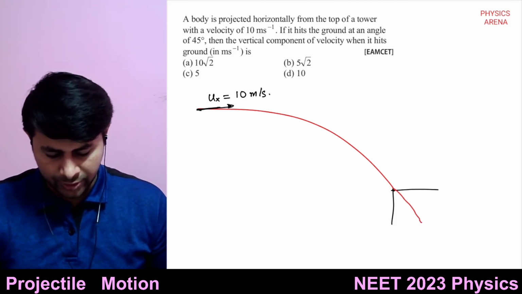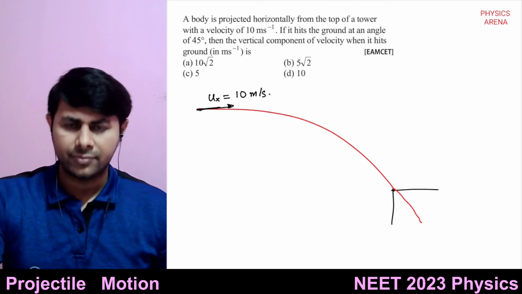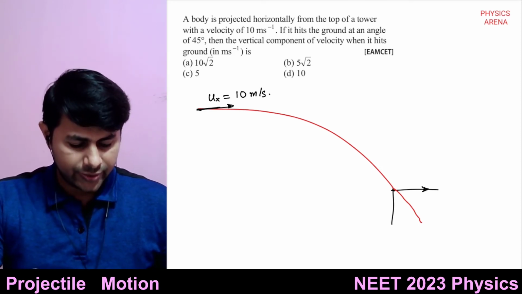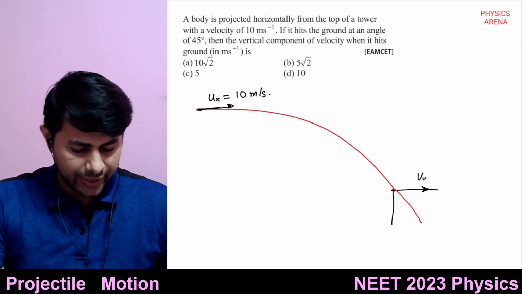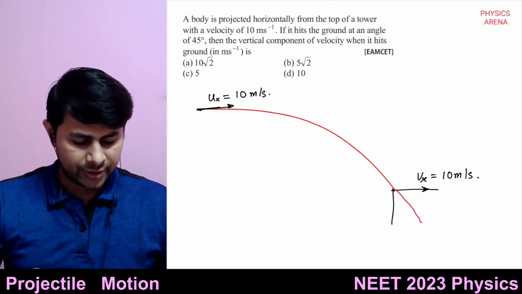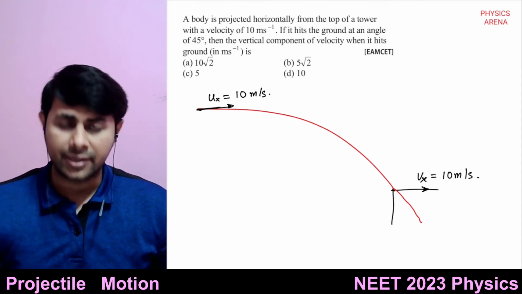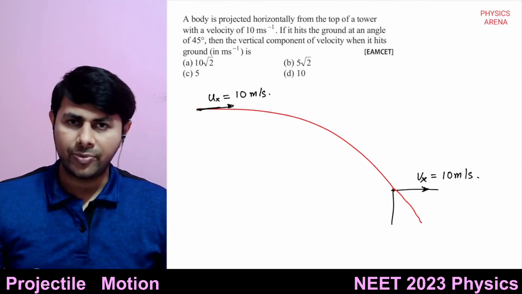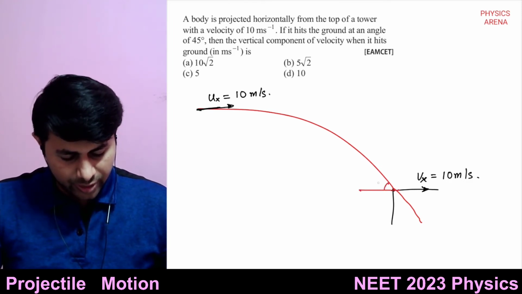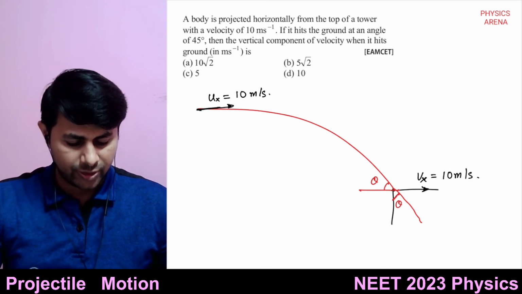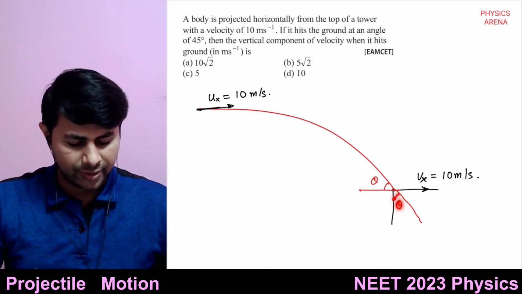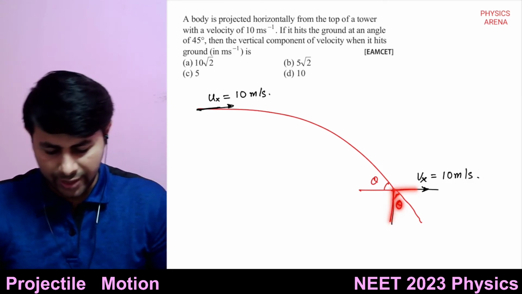So horizontal velocity, does it change? No, sir. So Vx is equal to 10 meters per second. It is constant, and they are telling us that it hits the ground at 45 degrees. So this angle is 45. If this angle is 45, then how much would be Vy?